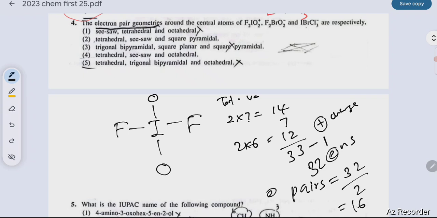Now out of these 16 pairs, already 4 are used, so the remaining is 12. Now these 12 we have to place on these atoms. Now the 12 is finished. There is nothing left to come for iodine.